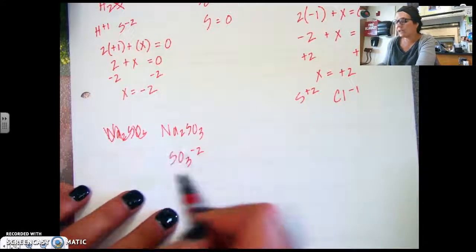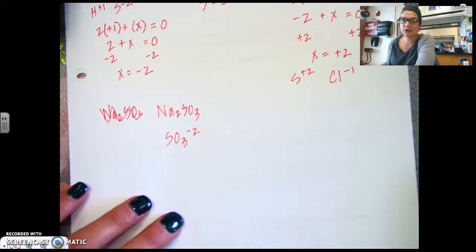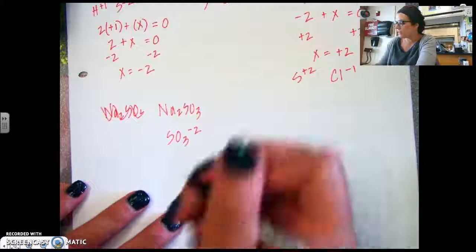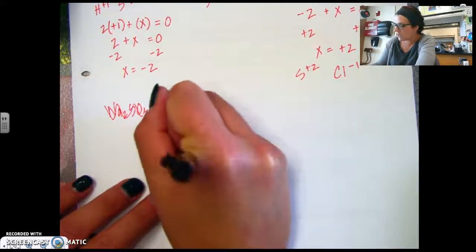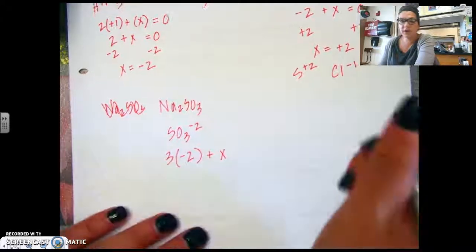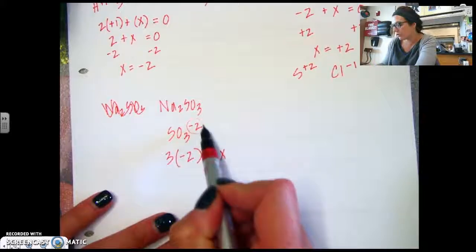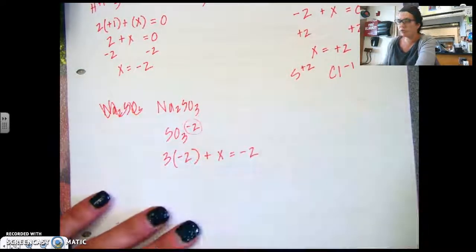And it's a lot easier for me to figure out sulfur here because now I just have to deal with oxygen. So I'm going to say I have 3 oxygens at a -2 charge plus my 1 sulfur. And since I have an overall charge here, it's no longer equal to 0. It's going to be equal to -2.